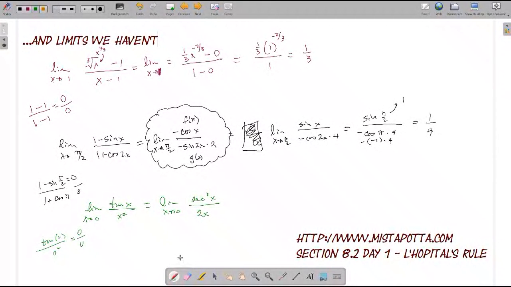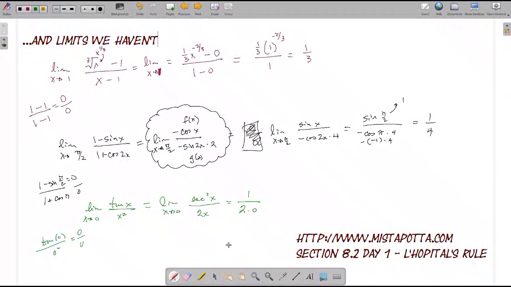And so of course, my first instinct is to try and substitute. If I substitute 0 into secant squared, well, that's 1 over cosine, and cosine of 0 is 1. So this becomes 1. But down here I end up with 2 times 0.